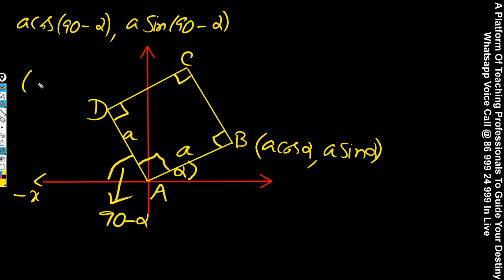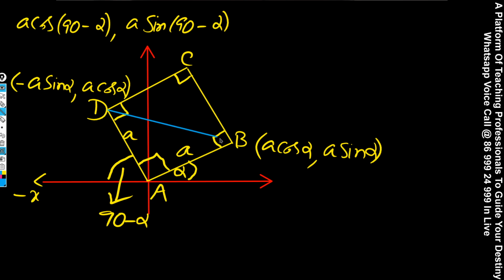What is A cos of 90 minus alpha? A sin alpha. What is A sin of 90 minus alpha? A cos alpha. But don't forget, it is lying on the negative x-axis side, and hence you have to take this minus. Now what is it that we need? We need the equation of the diagonal BD. That's what the question is.